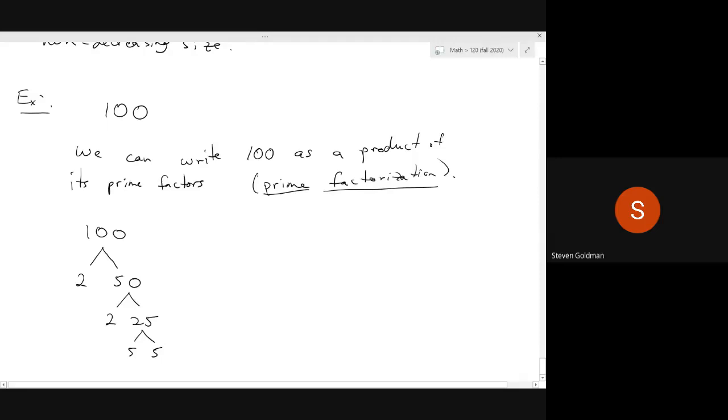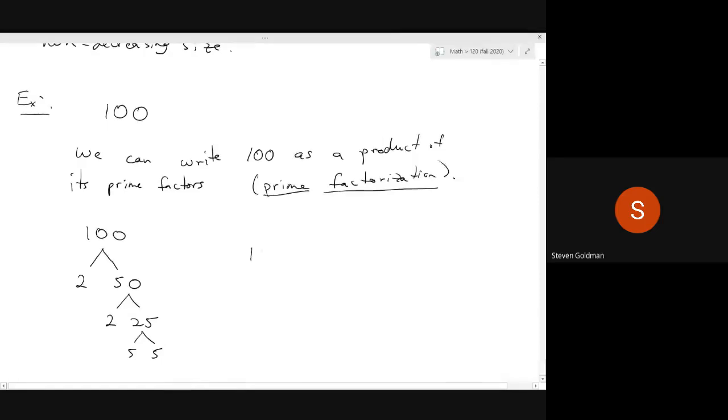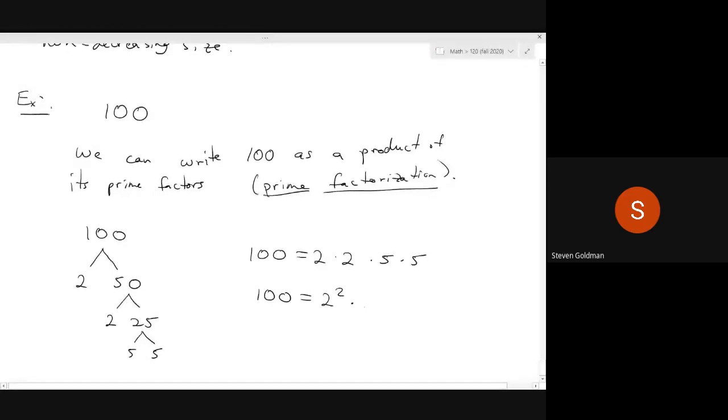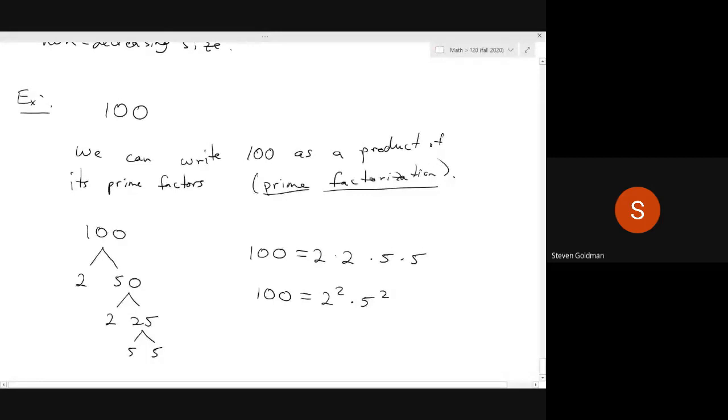So the prime factorization of 100 is, and I'm going to write them out in non-decreasing size, meaning starting with the smallest prime factors and going up in size. So I write 2 first. 100 is equal to 2 times 2 times 5 times 5. And then what we usually do is, instead of writing it as 2 times 2 and 5 times 5, we use powers. So this is 100 equals 2 squared times 5 squared.